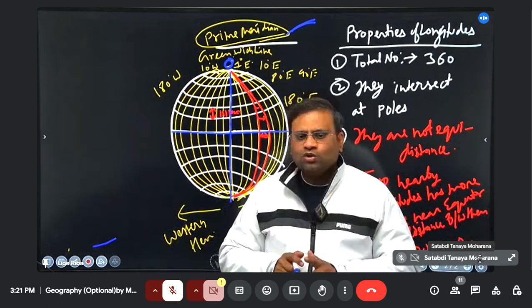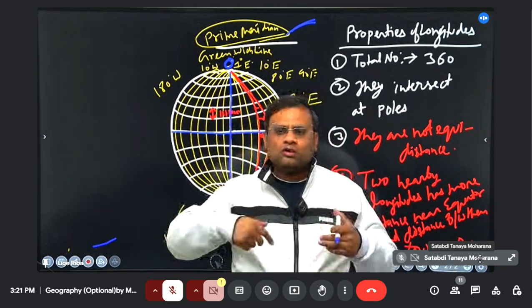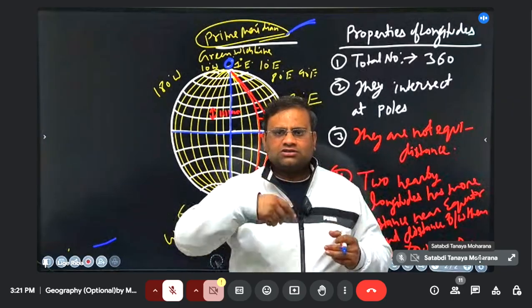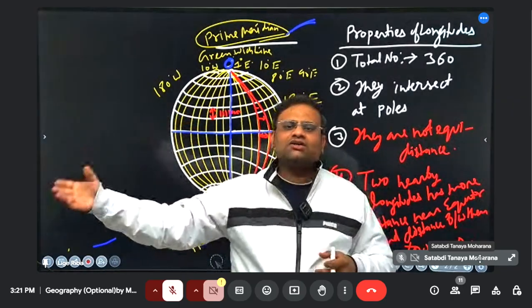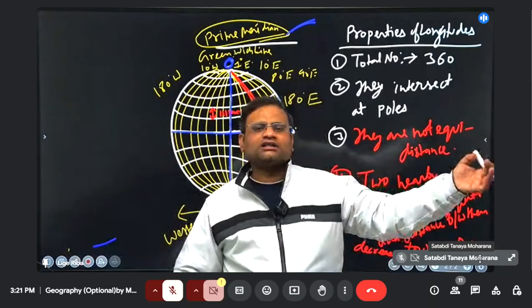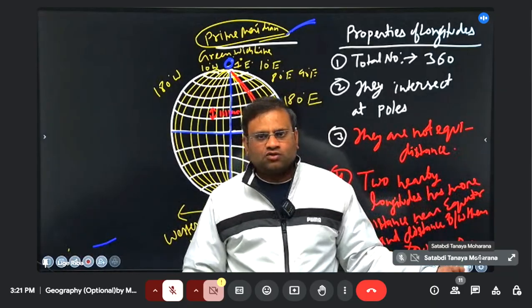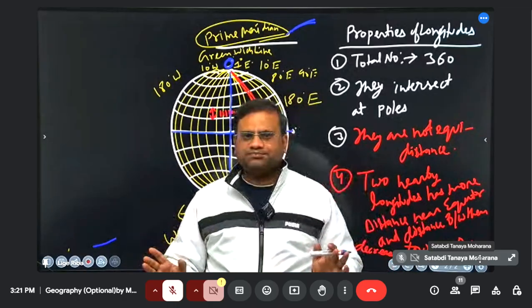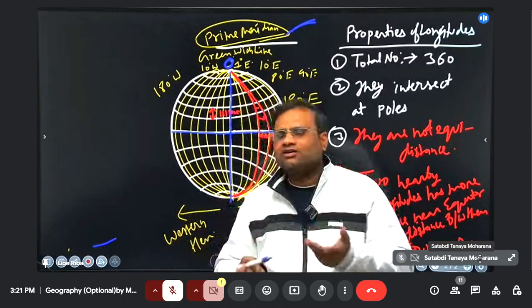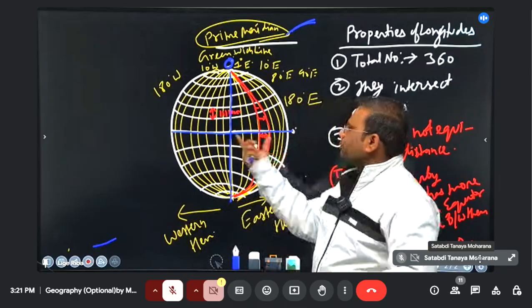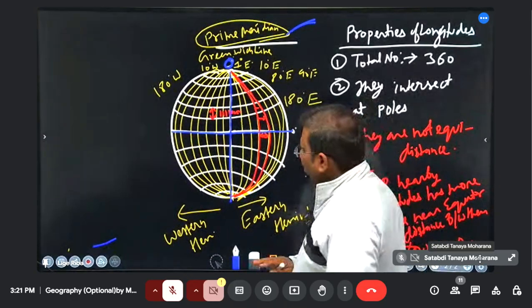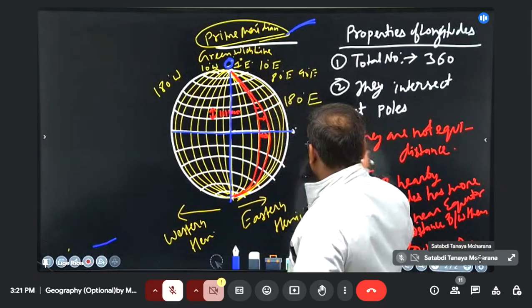She used to divide the earth into two equal parts just below her chair. The line is passing below her chair. She called the right-hand side of her the western hemisphere, and the left-hand side of her the eastern hemisphere. So that is the logic. Otherwise, there is no technicality behind it. Still this convention is followed. This is the eastern hemisphere, this is the western hemisphere. So all longitudes are great circles.